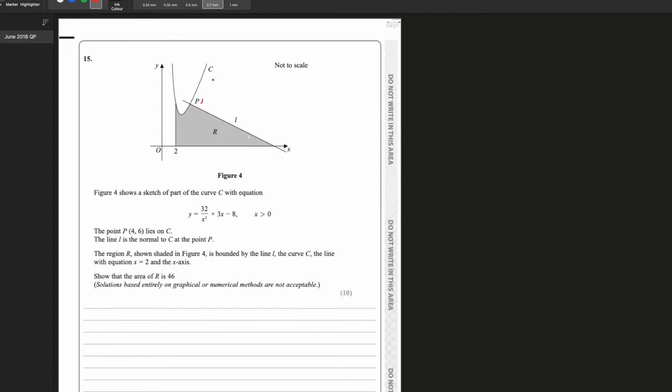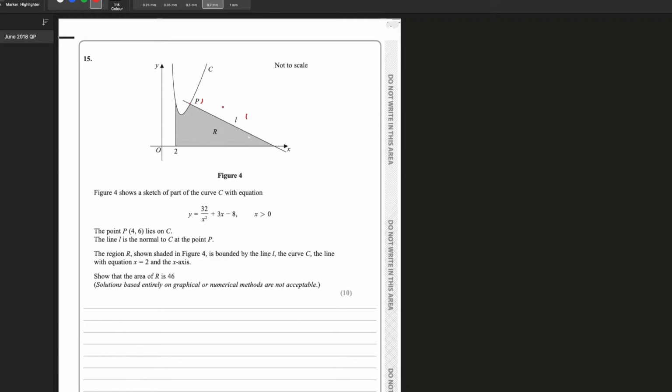And the line L is a normal to C at the point P.